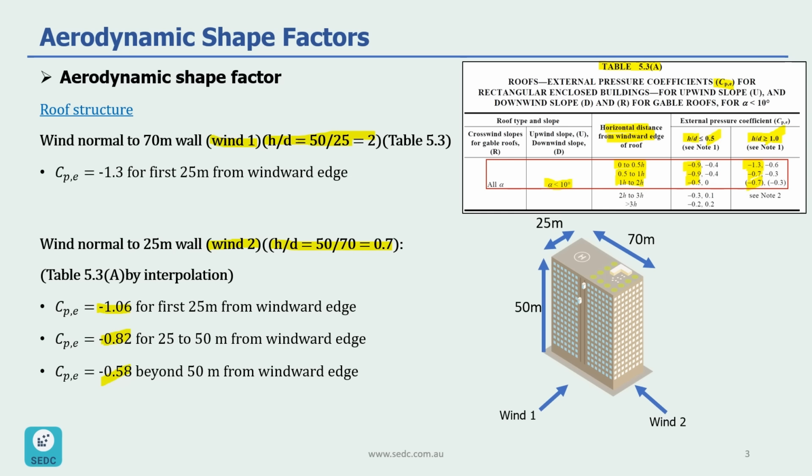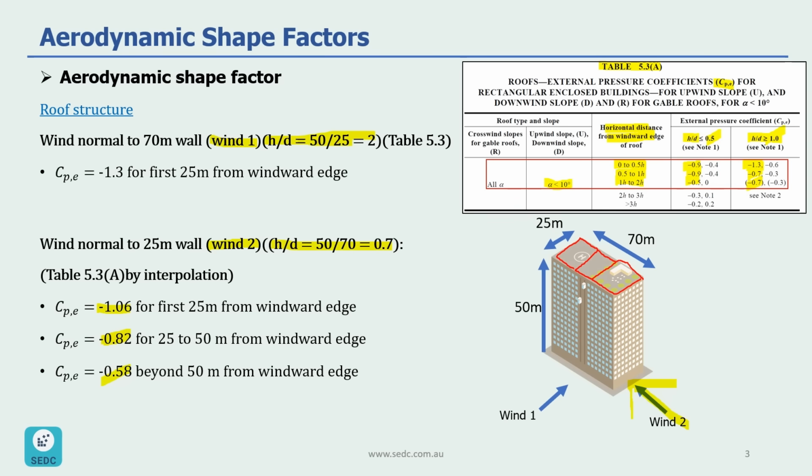So what does this value mean? If the wind blows in this direction, we have the maximum, the bigger value of CPE in this area, and then we have a smaller value, which is 0.82 in here, and then we have a smaller value in this area, which is 0.58.